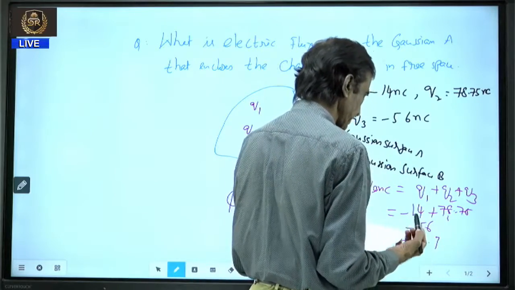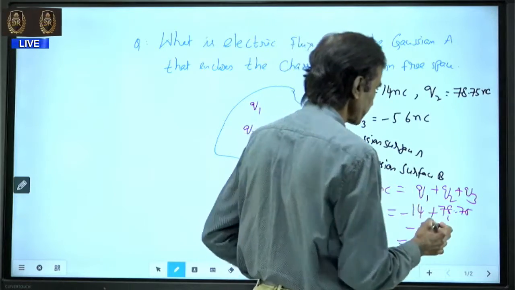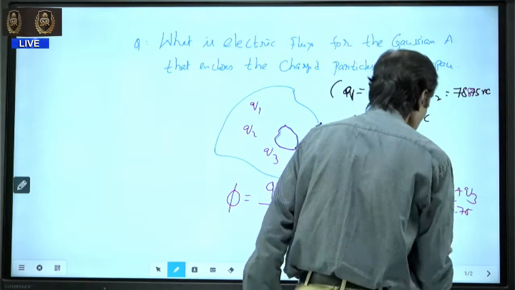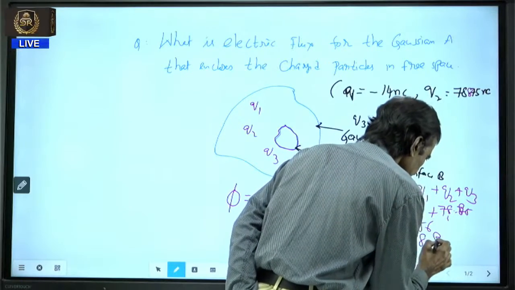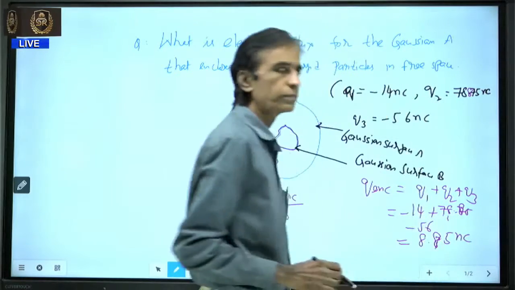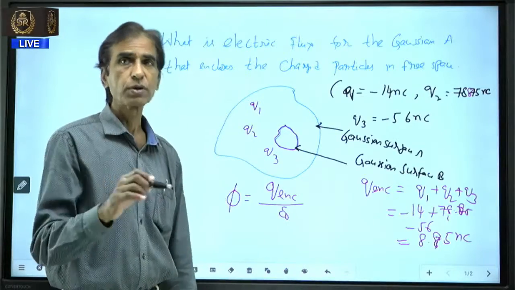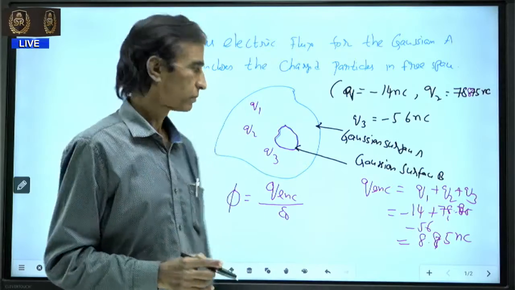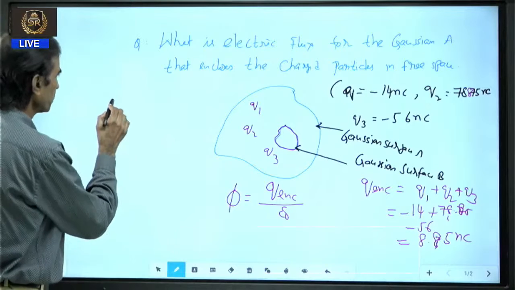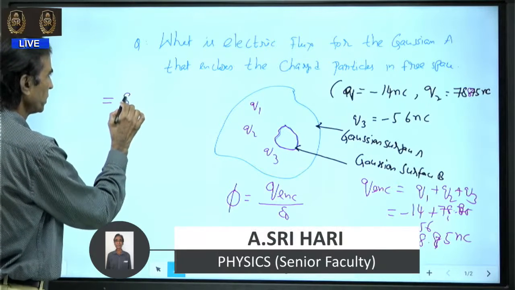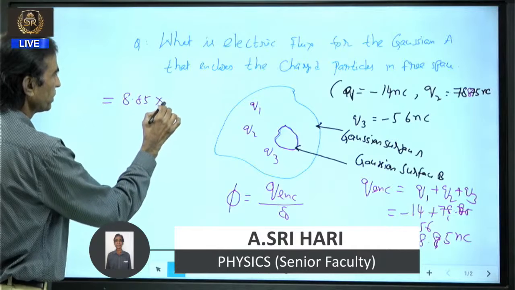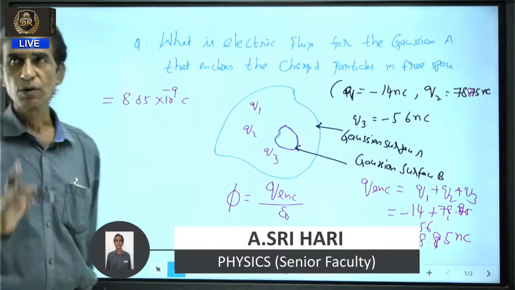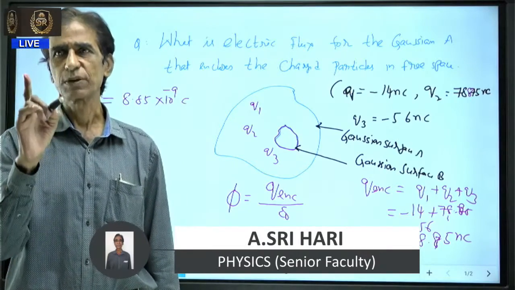Sorry, it has to be 8.85, not 75. So 8.85 nanocoulomb. But you have to convert it to coulomb. What is 1 nanocoulomb? 10 power minus 9 coulomb. Therefore Q enclosed equals 8.85 into 10 power minus 9 coulomb.